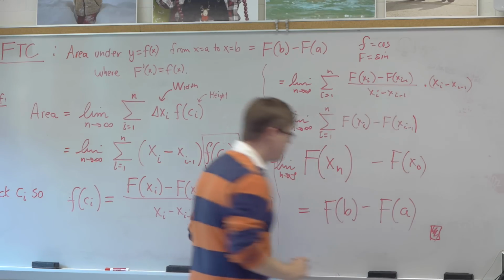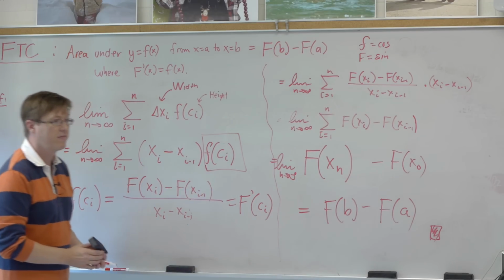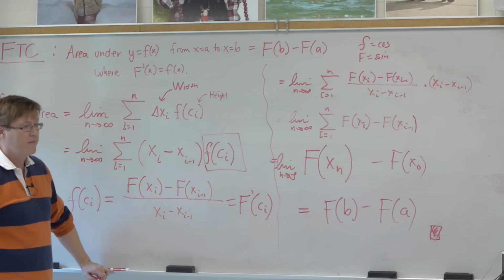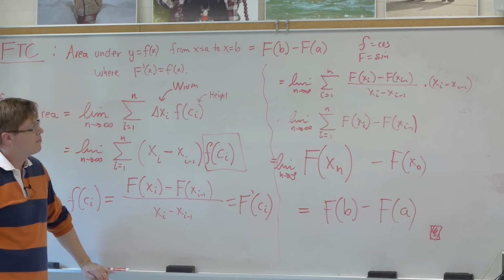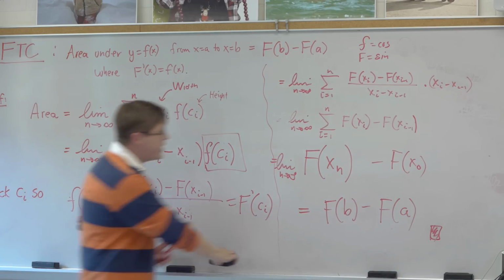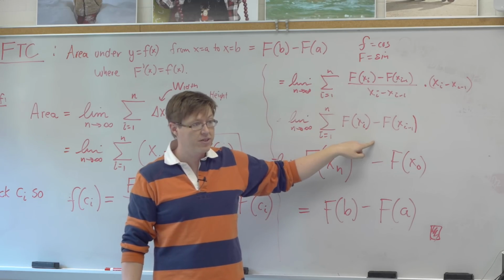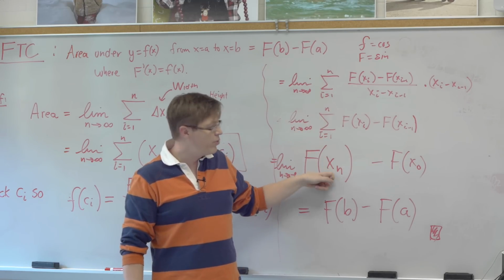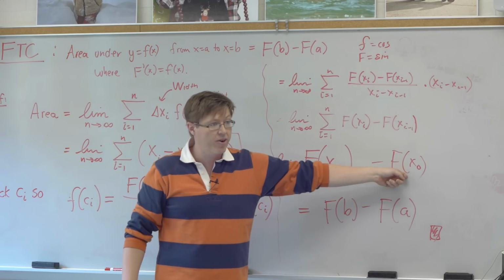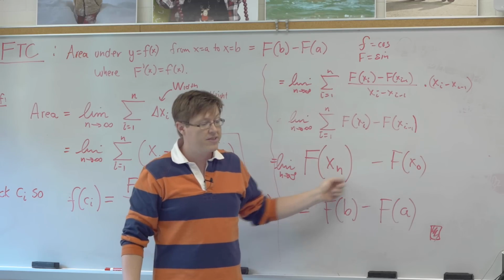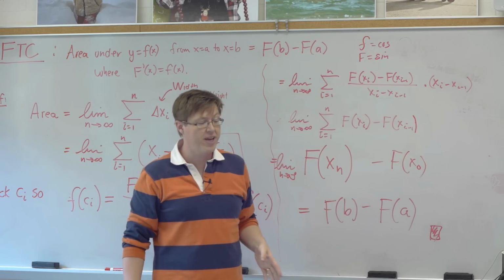Wait, why can't you change the f of x i minus f of x i minus 1 to f of x n minus... I'm not changing it. I'm taking this sum and all the middle terms canceled out. Oh. Right, all we were left with, like over there, was x6 and x0. The last term and the first term. All the other inside terms canceled out.